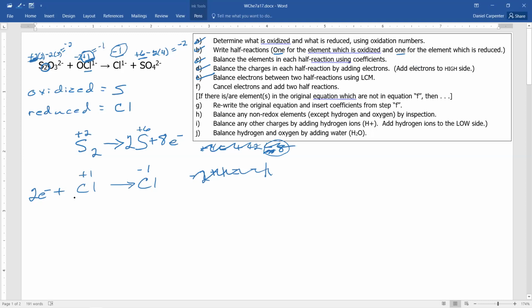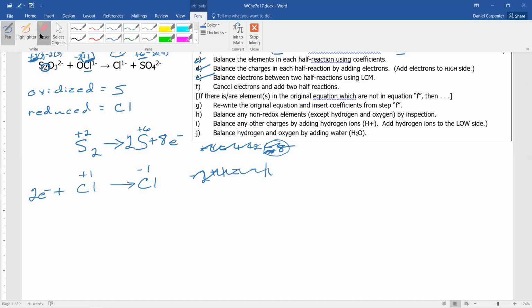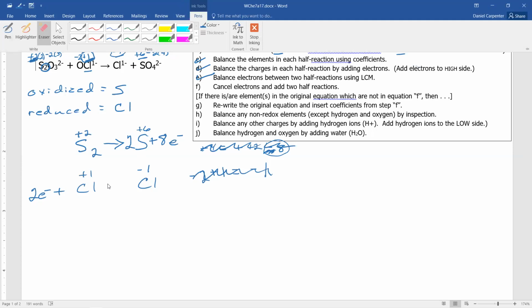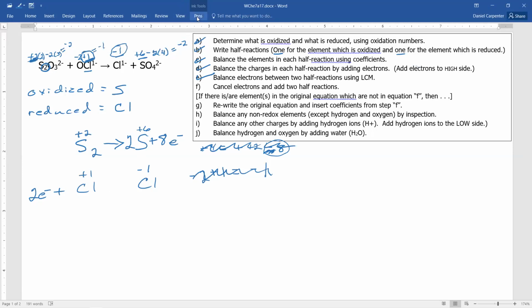So we'll have to multiply each equation, each coefficient, by 4 in this half reaction, making myself some room here. So 2 times 4 is 8. And 1 times 4 is 4. And 1 times 4 is 4.